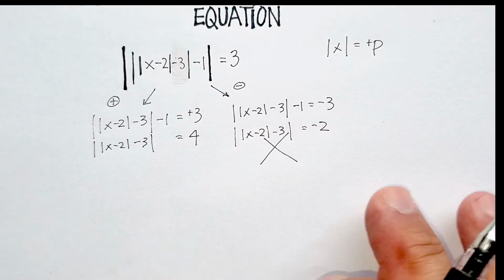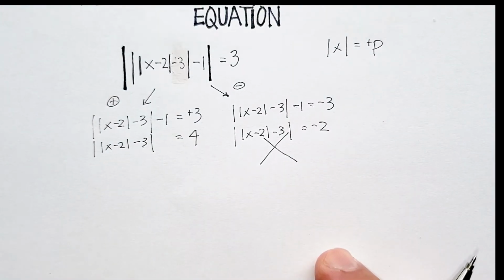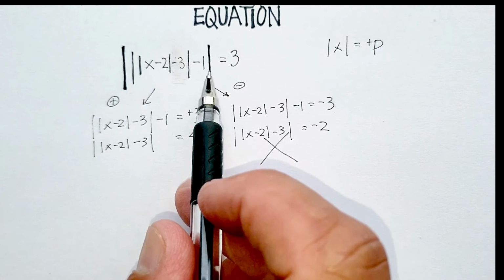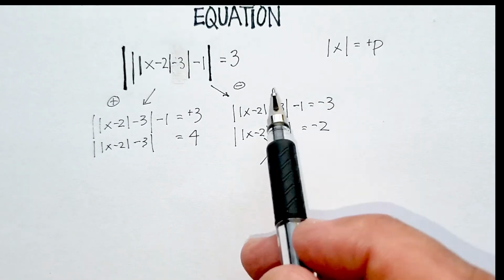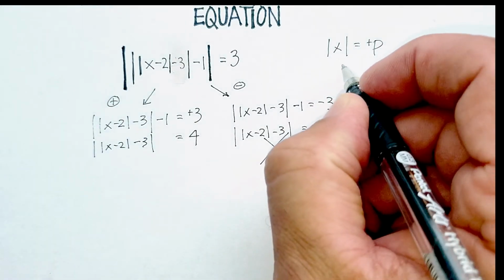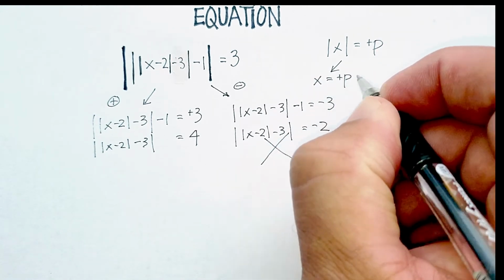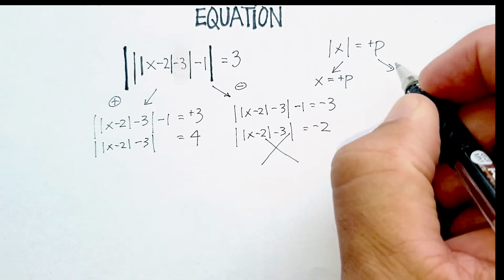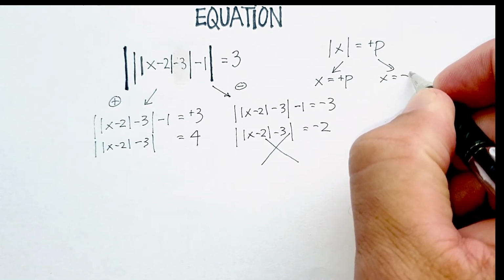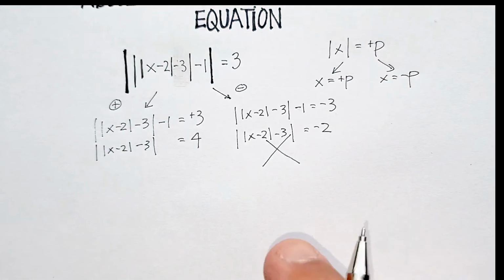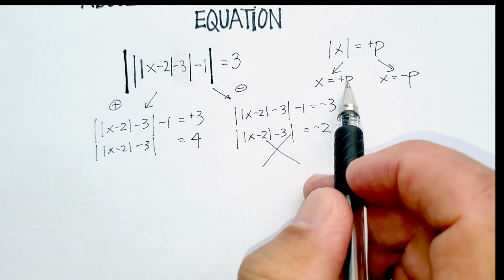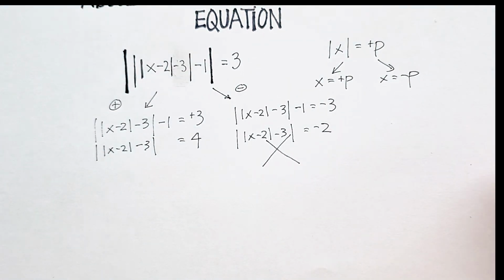So let's continue on with this side over here. And we'll do the same thing that we just did up here. We're going to divide it into the positive case and the negative case. And again, we get rid of the absolute value when we change it into the positive and negative cases.